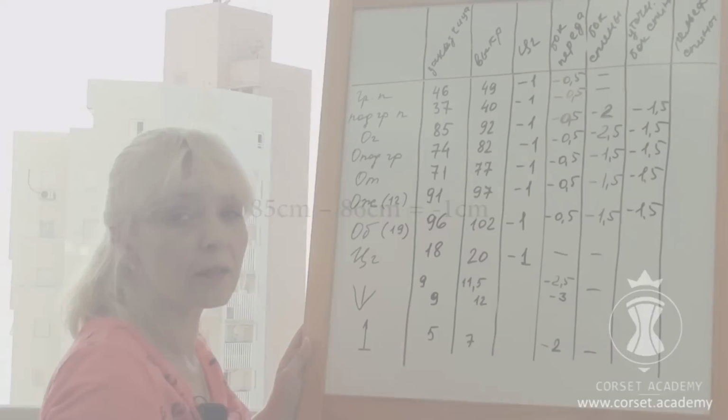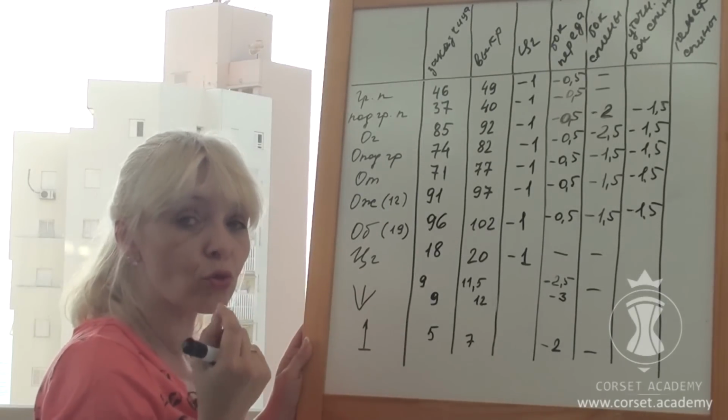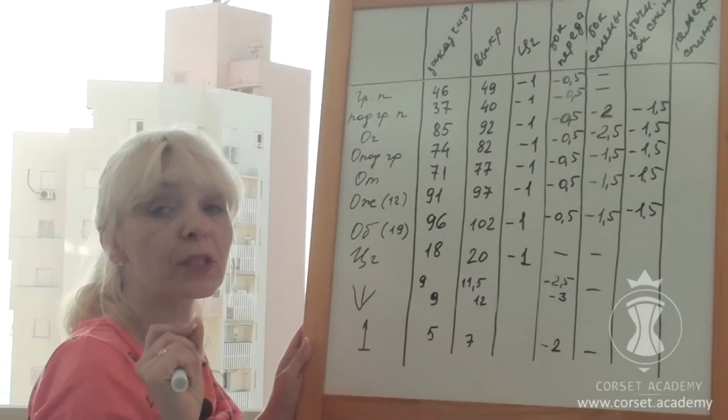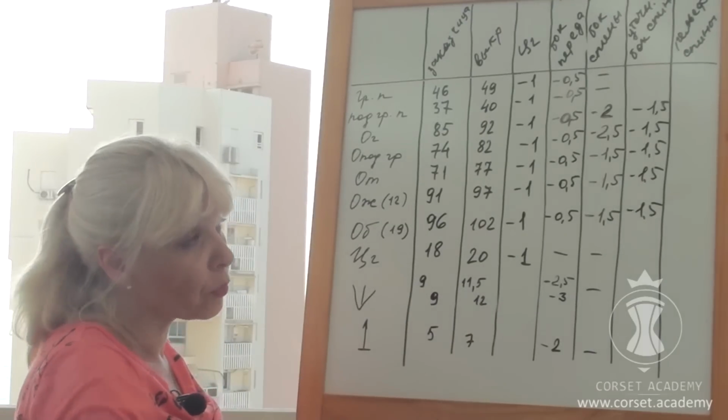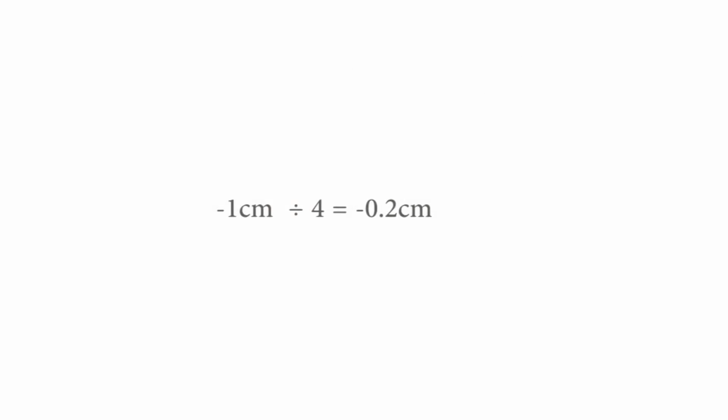92 centimeters minus 3 centimeters minus 3 centimeters equals 86 centimeters. 85 centimeters minus 86 centimeters equals negative 1 centimeter. As you can see, the pattern is 1 centimeter larger at the level of the bust than it is supposed to be according to my client's measurement. I need to account for it in the princess seams at the back.